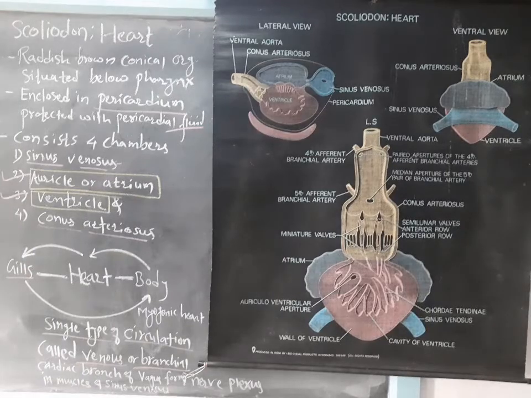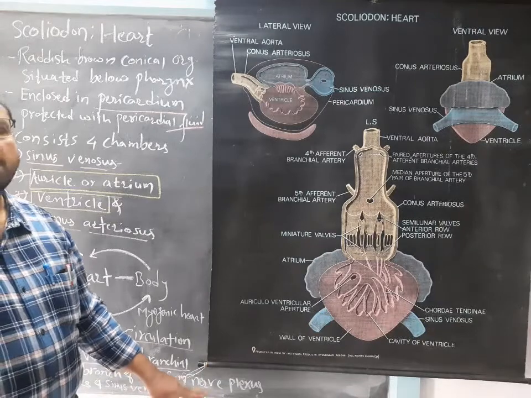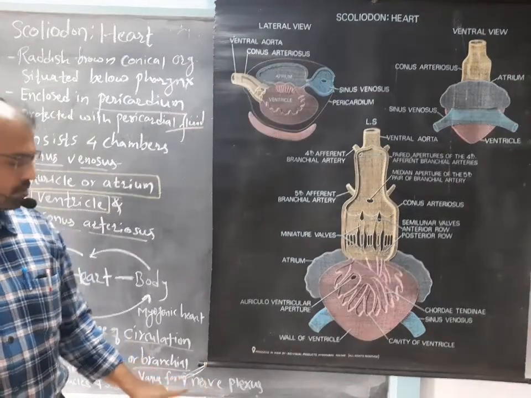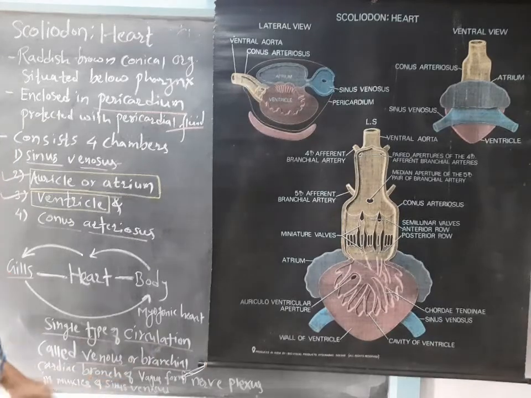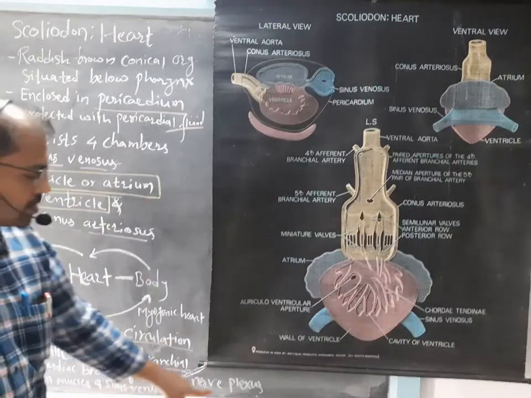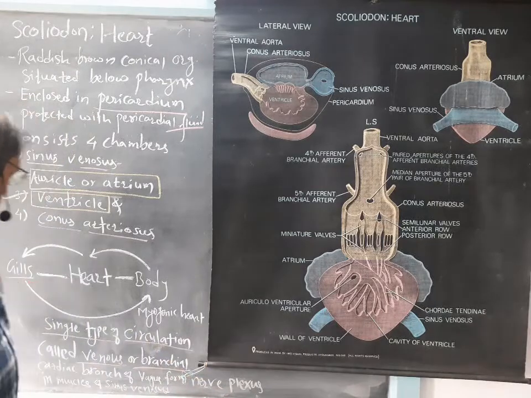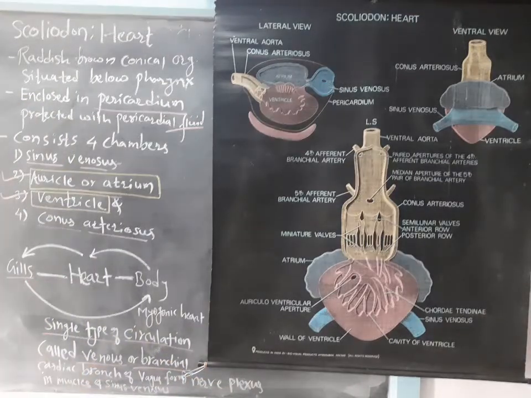Then the cardiac branches of the vagus. Vagus is the 10th cranial nerve. This vagus has cardiac branches over the heart, forming a nerve plexus in the muscles of the sinus venosus.